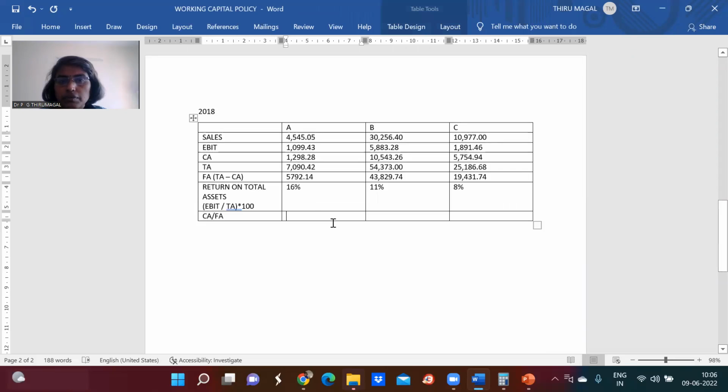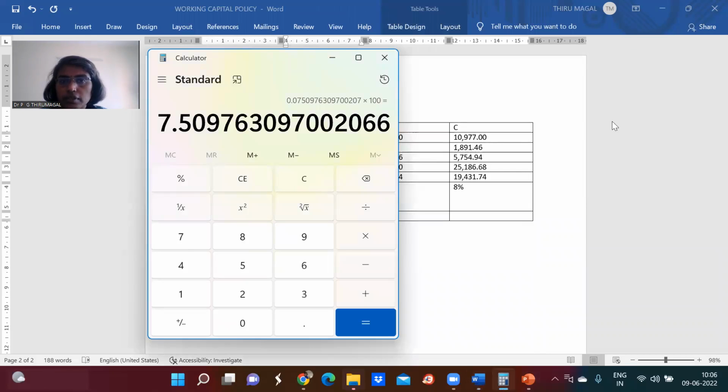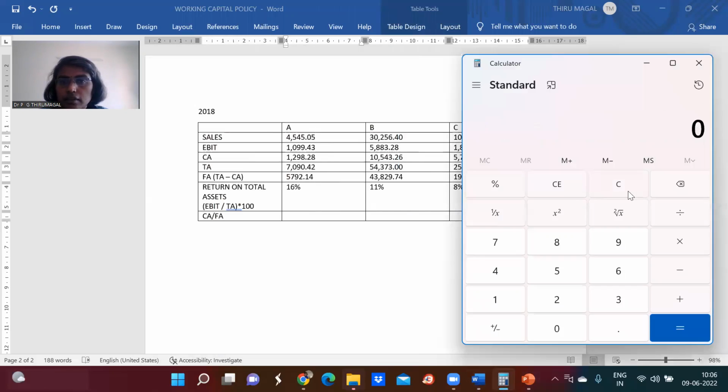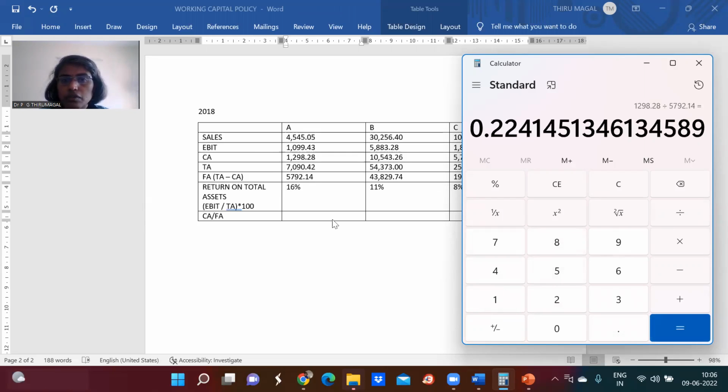So here, current asset by fixed assets. For company A, let us check. The current asset value is 1298.28, which should be divided by the fixed assets 5792.14. So which means 0.2.